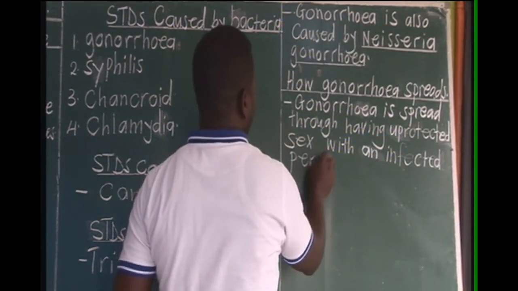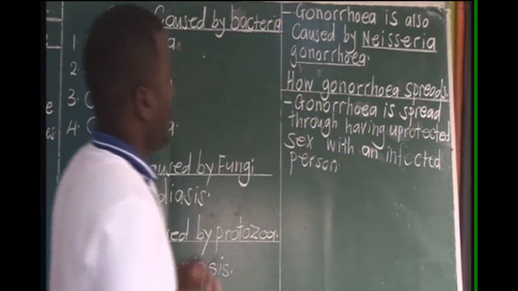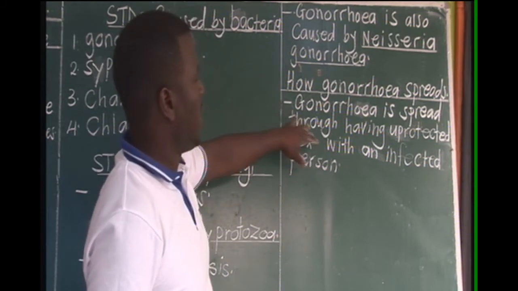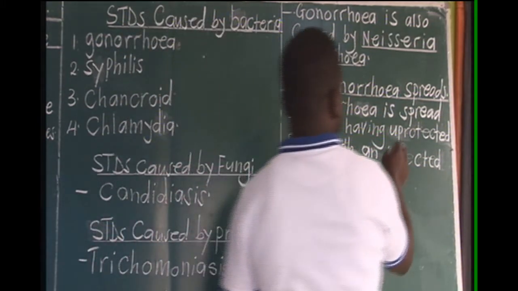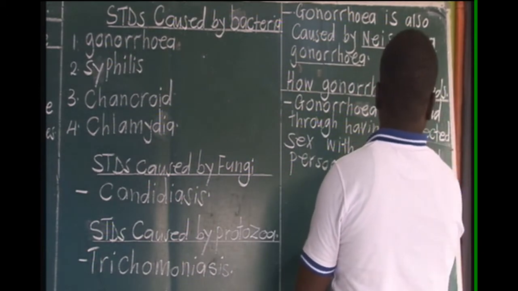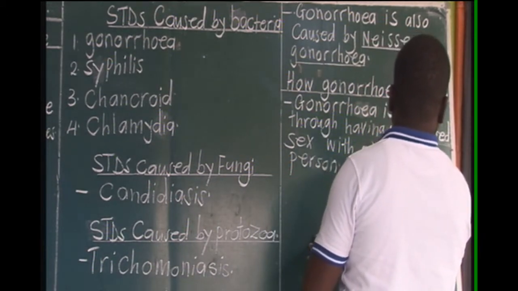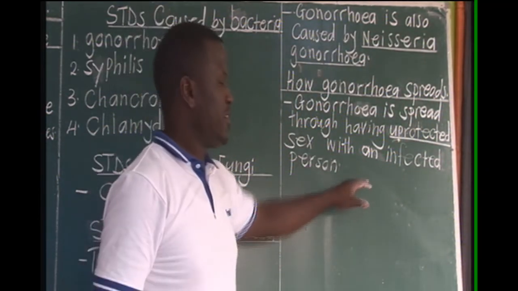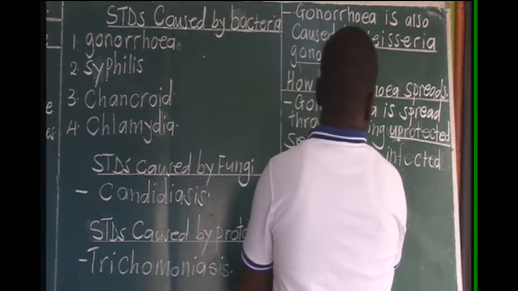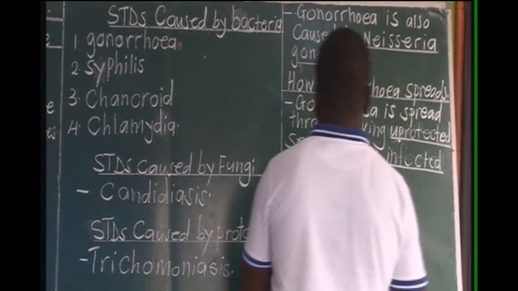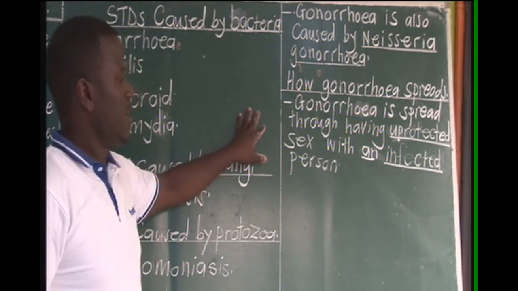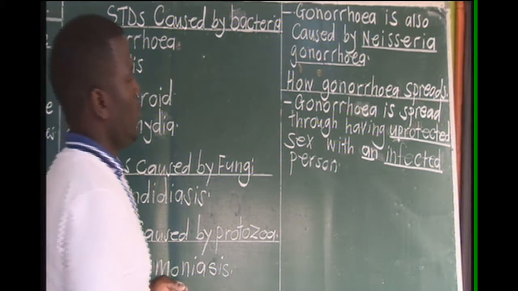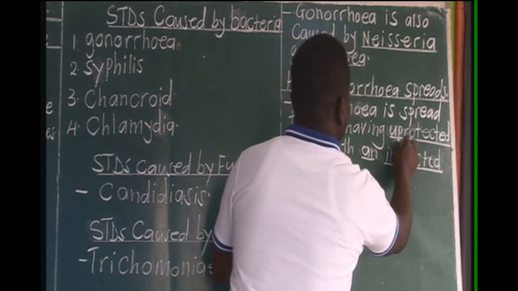You underline the word unprotected, and you also underline an infected person. So this is how gonorrhea is spread, through having unprotected sex with an infected person.